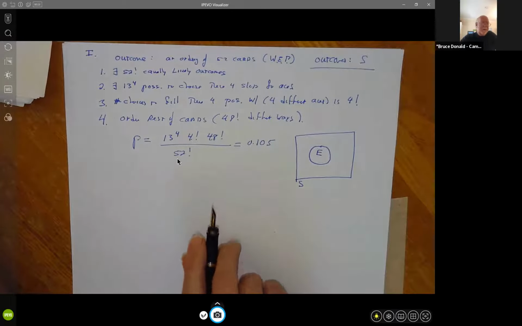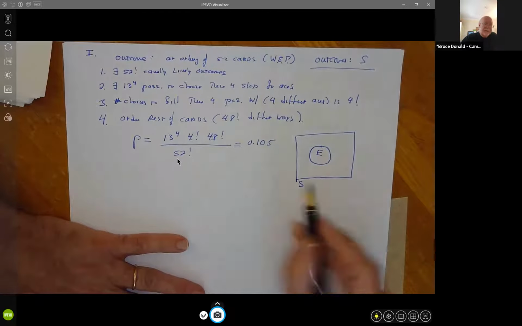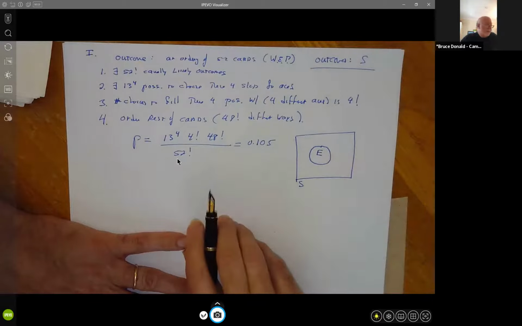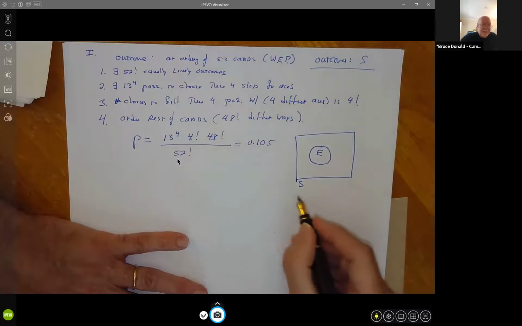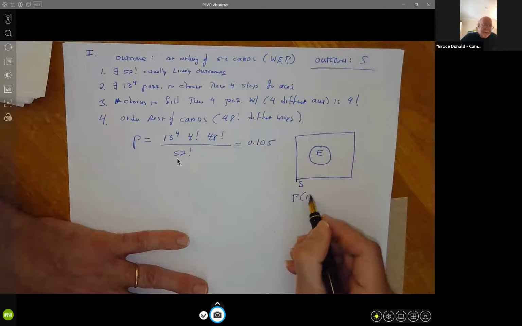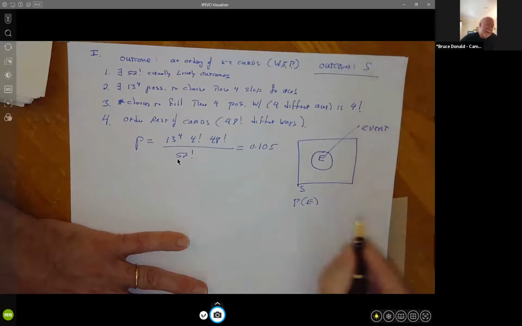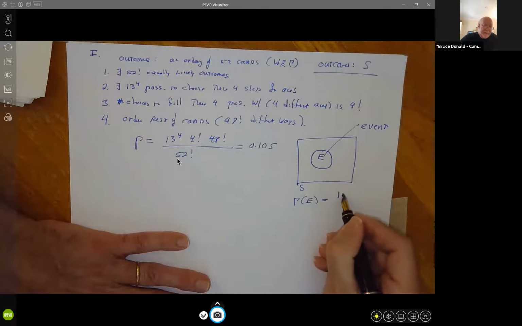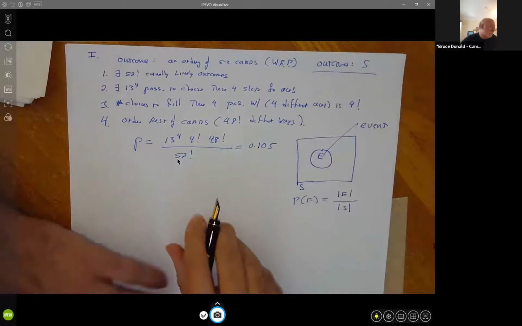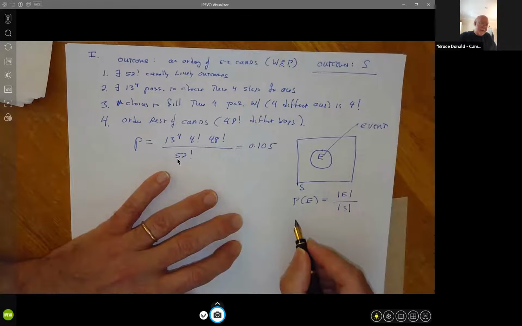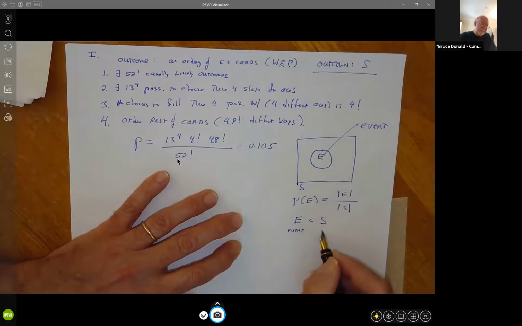So E is for event, S is the space of all outcomes, and E is a subset of S. Now, everything here is finite and discrete. So the probability of the event E, that's the term you'll hear, is simply equal to the size of E over the size of S, which reduces our problem to one of counting. Remember, an event E is a subset of the outcomes S.